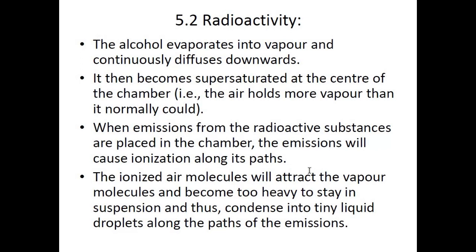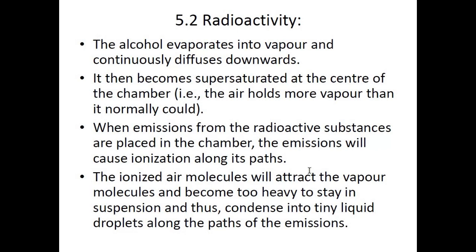It then becomes supersaturated at the center of the cloud chamber. It means the air is holding more vapors than it technically should, or the number of vapors it normally can hold.